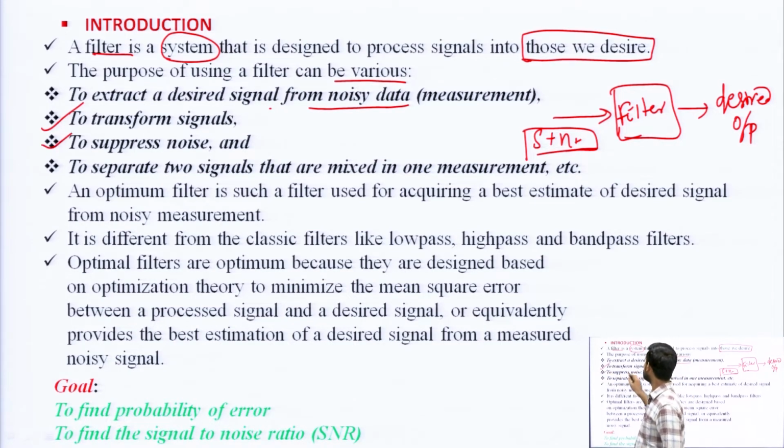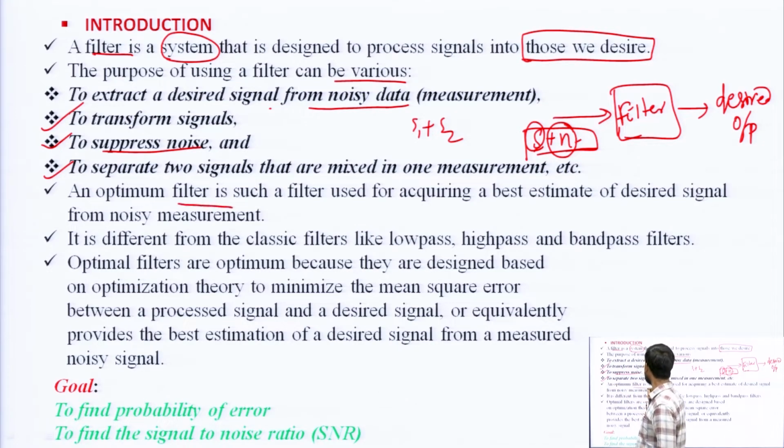Then, to suppress noise, this is also one of the purposes of the filter. Next, to separate two signals that are mixed in one measurement. Here we can see signal plus noise, or signal 1 plus signal 2, and we can separate these two signals using a filter.